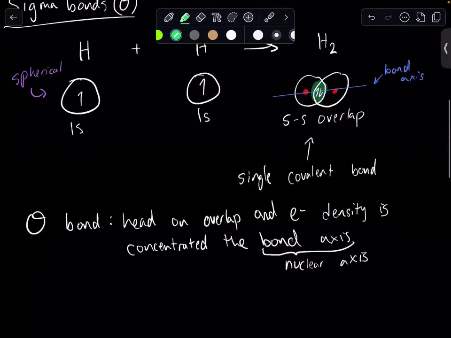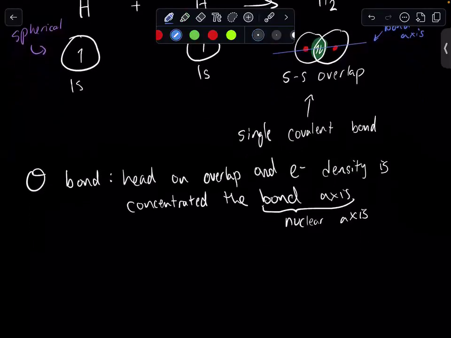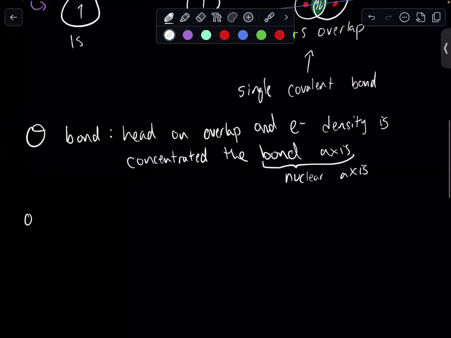All right. Now, this doesn't necessarily have to happen with s orbitals. We have other types of overlaps. And so we also have a p-p overlap. And this is where we have two p orbitals.